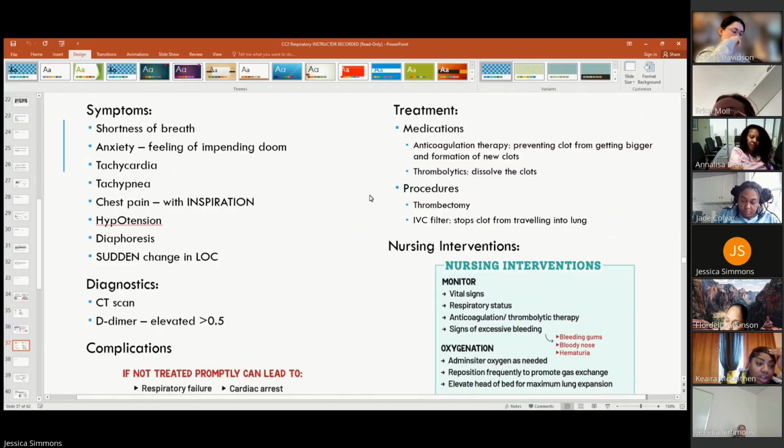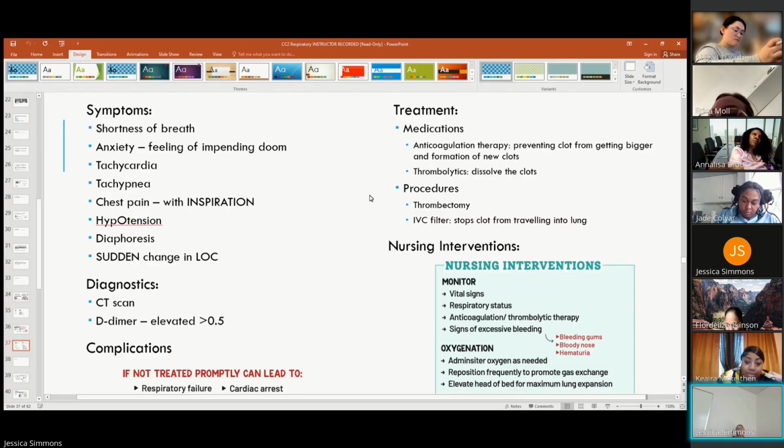Procedures would be a thrombectomy, which is the removal of the thrombus surgically. And then an IVC filter, which is an inferior vena cava filter, which stops the clot from traveling into the lung from a DVT.